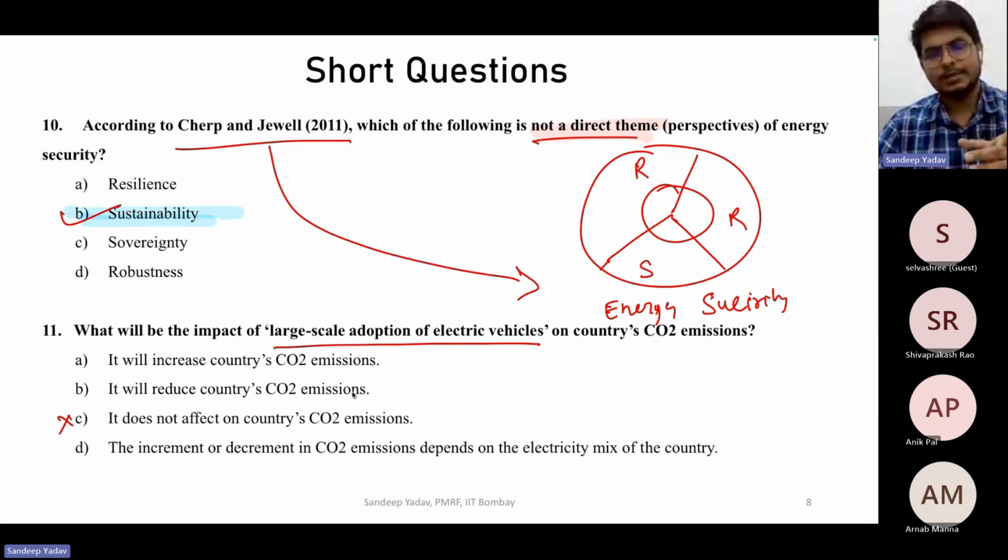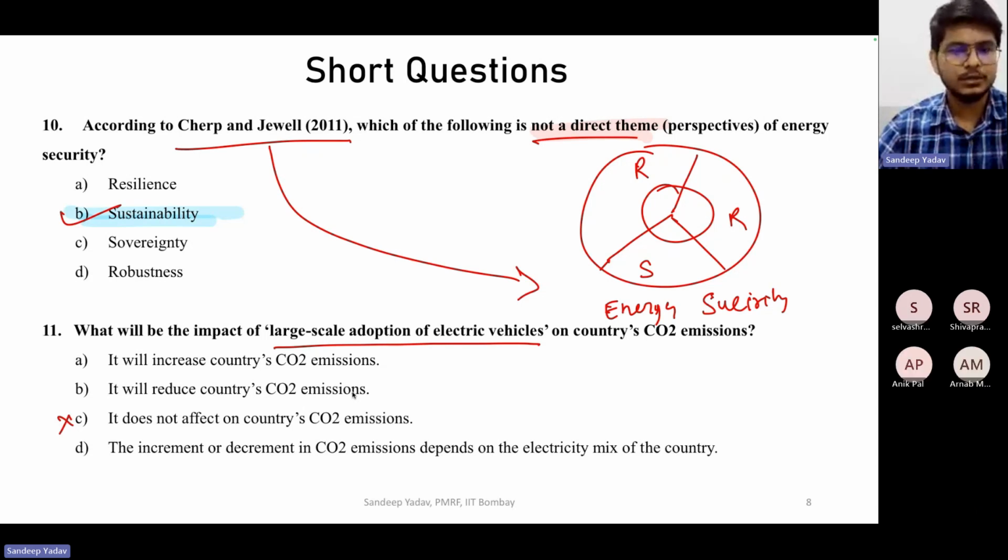We can't say it will increase or decrease, because more electric vehicles will put load on the electricity grid, and the grid defines how much electricity is generated from renewable sources and how much from coal. With the same infrastructure we have right now, it will increase CO2 emissions because we are consuming more power to charge the EVs. But if we are using renewable and green sources, it will decrease CO2 emissions. So it depends on the electricity mix. The right answer will be D.